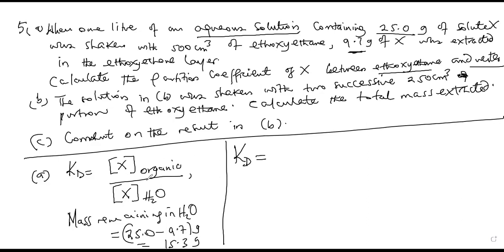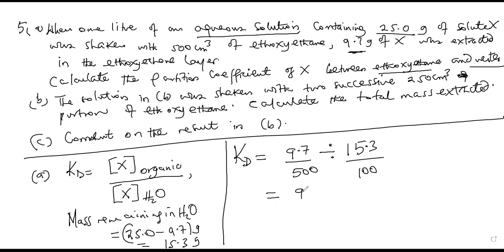So to get KD, the concentration of X in the organic layer would be 9.7 out of the volume of the organic layer, which is 500, divided by the mass that remains in the aqueous layer, that is 15.3, divided by the total volume of the aqueous layer, which is 1,000.